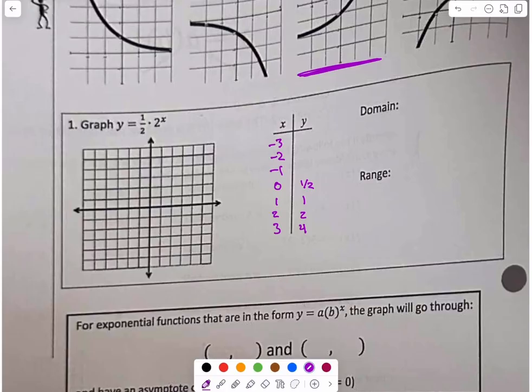When x is -1, that's 1 over 2 times 1 over 2, so that's 1 by 4. Then 1 by 8, and 2 times 2 is 4, times 2 is 8, times 2 is 16.